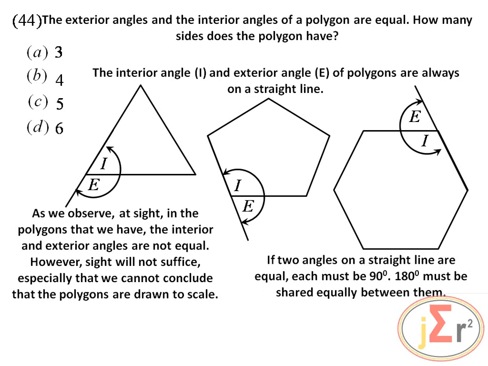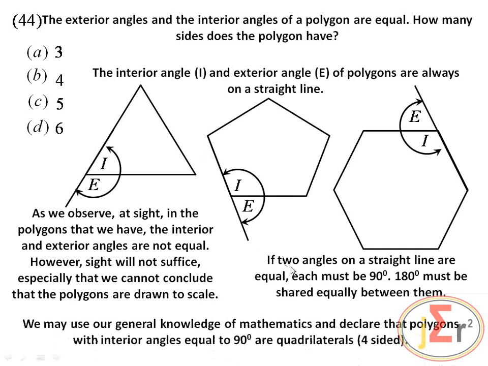So, going back to the statement of the problem, the exterior angles and the interior angles of a polygon are equal. How many sides does the polygon have? We know that there are angles on a straight line. If they are equal, one must be 90 and the other one must be 90. We must use our general knowledge of mathematics and declare that polygons with interior angles equal to 90 degrees are quadrilaterals.